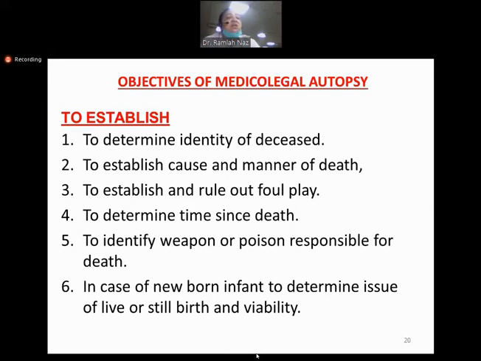Sometimes it is just pretended. I have attended multiple autopsies, even in recent months. The body of a lady was found hanging in her room, and they said the issue was that the husband and wife had fought with each other, after that she locked the room, put her dupatta on the fan, and committed suicide. But at the time of performing the autopsy, we saw multiple bruises on the body, resistance marks, and finger marks on the wrist.